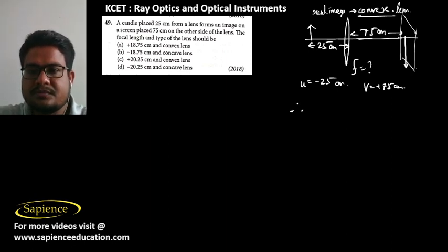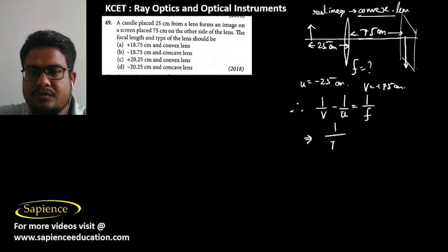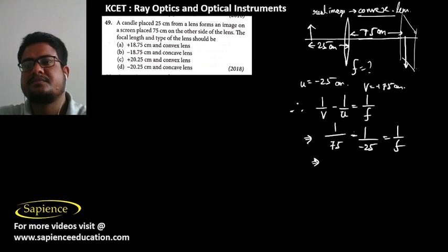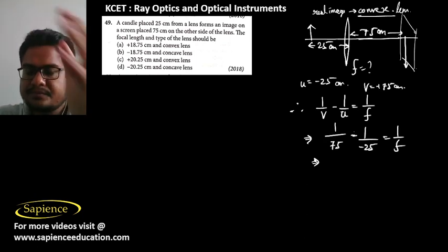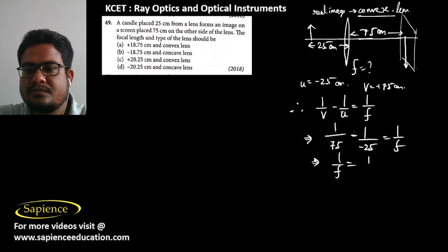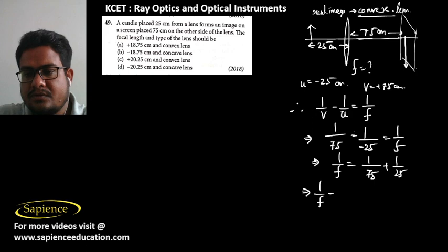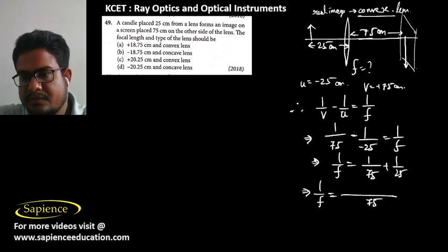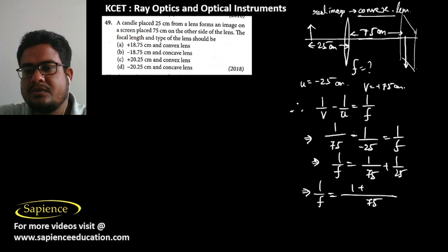The lens formula is 1 by v minus 1 by u equal to 1 by f. So 1 by f is equal to 1 by 75 plus 1 by 25. LCM is 75, so this will be 1 plus 3 is 4 by 75. Therefore f will be equal to 75 by 4.